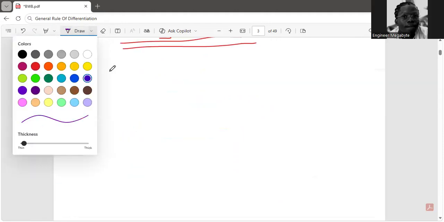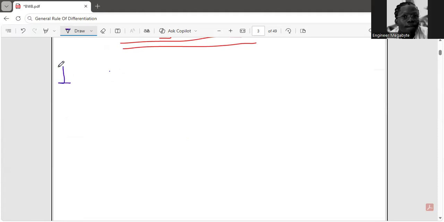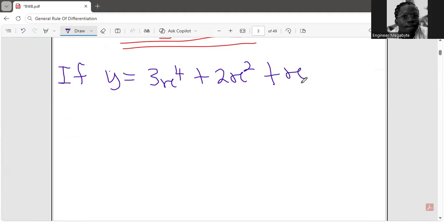Let's take note that our question is given in the form: if y is equal to 3x exponent 4 plus 2x squared plus x, find dy/dx.